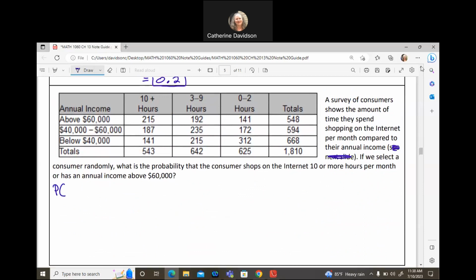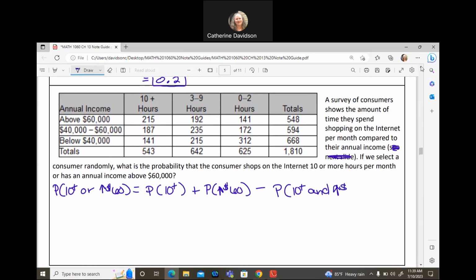So the probability they spend 10 plus hours on the internet, plus the probability their income is above 60,000 a year, minus an overlap. That would be the people that spend 10 or more hours per month on the internet and have an income above 60,000.